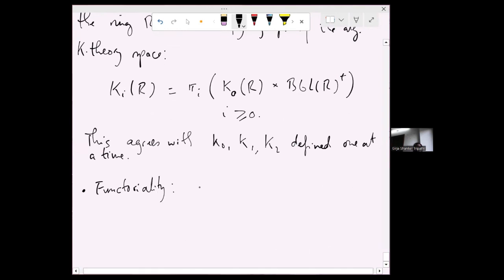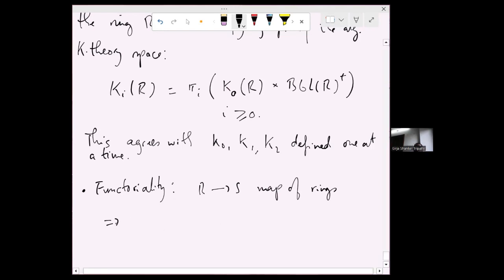Functoriality: R to S. Let's say we are given a map of rings. This will induce GLR to GLS and BGLR to BGLS, and you run through the constructions.